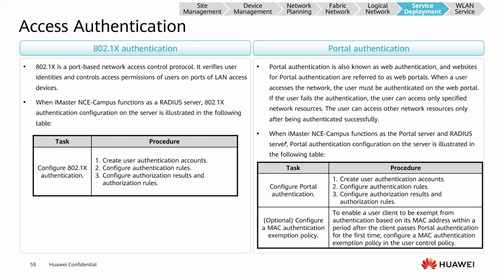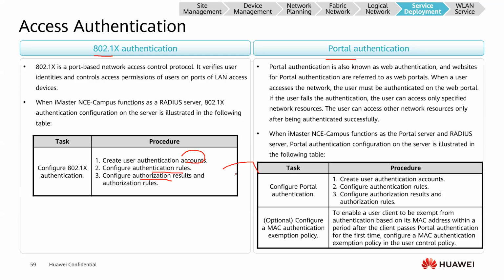And then you need to think about the authentication. In our experiment, we use two authentications. One is 802.1x, another is the portal authentication. And for these two authentications, you need to create the user's account first, and then create the authentication rule, and then create the authorization result and authorization rules for the authorized VLAN, security groups and other information for the users.